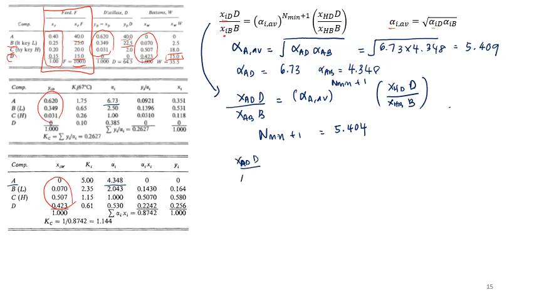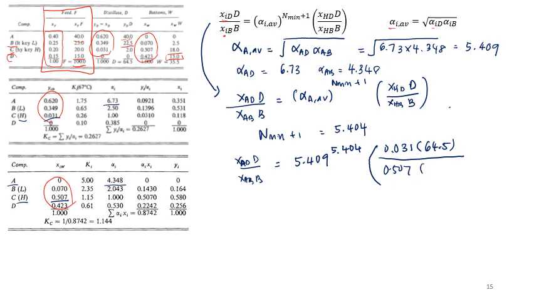So it equals 5.409 to the power of 5.404, multiplied by the heavy component in the distillate, 0.031 times D of 64.5, divided by x_H in the bottom, 0.507 times 35.5.